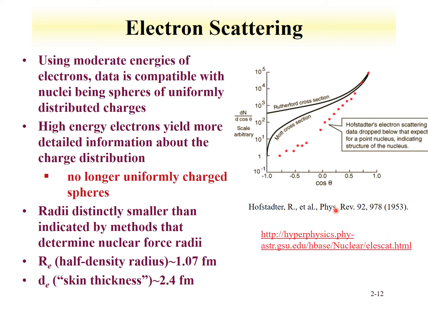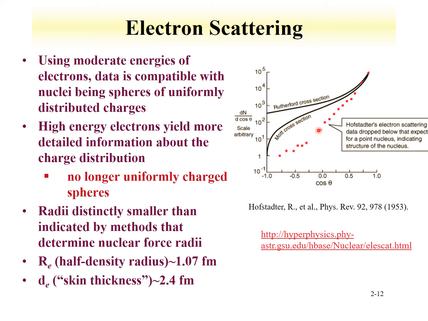What this shows is scattering of electrons. One would assume from a Rutherford type cross-section, a Mott cross-section, which was earlier work. And then this Hofstadter data shows that the cross-sections are lower and indicates structure of the nucleus. So in other words, information was used from previous studies and previous models that explain the nucleus.